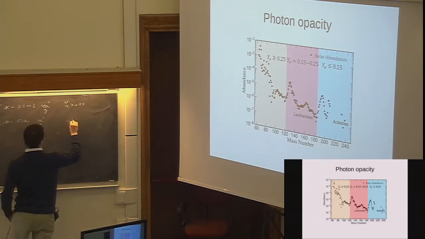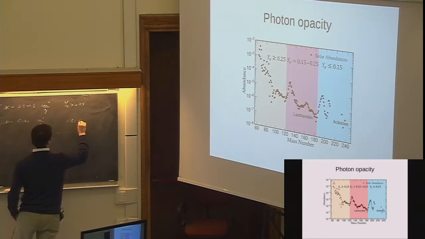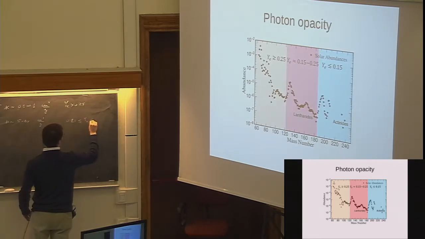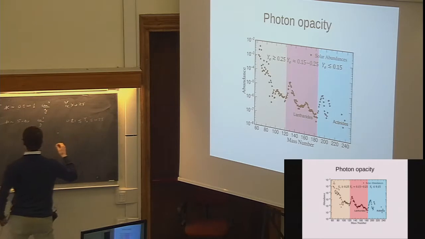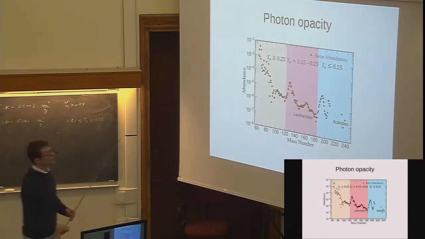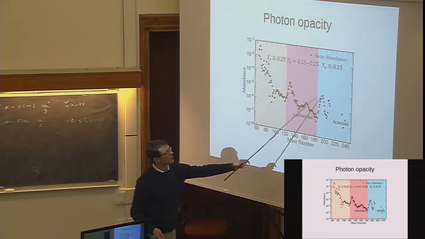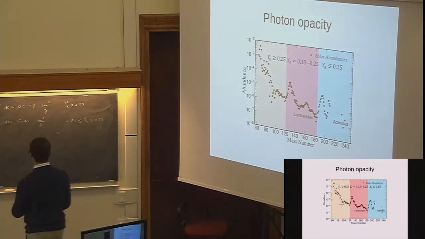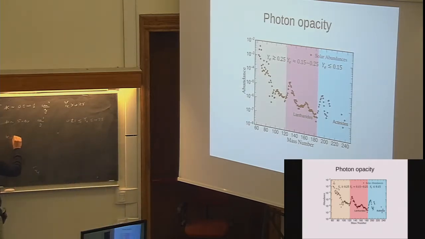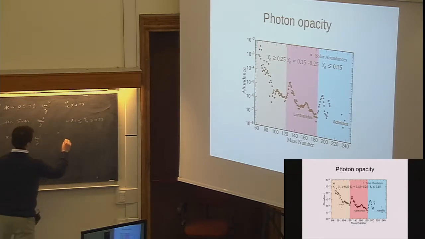If we get even more neutron rich, we can end up with a third r-process peak and the actinides, and then the opacity is of the order of 10 to 30 centimeters squared per gram.